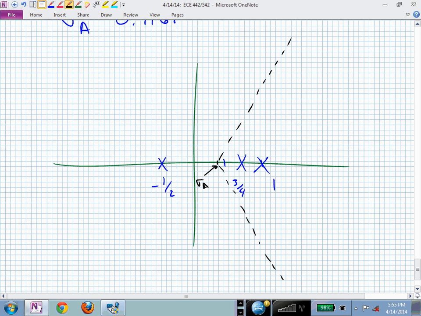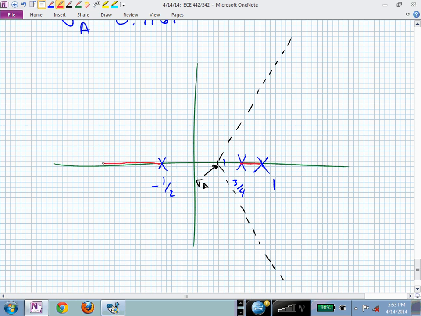From 1 to infinity, is that on the root locus? From 3/4 to 1, is that on the root locus? From minus 1/2 to 3/4? From minus 1/2 to minus infinity.